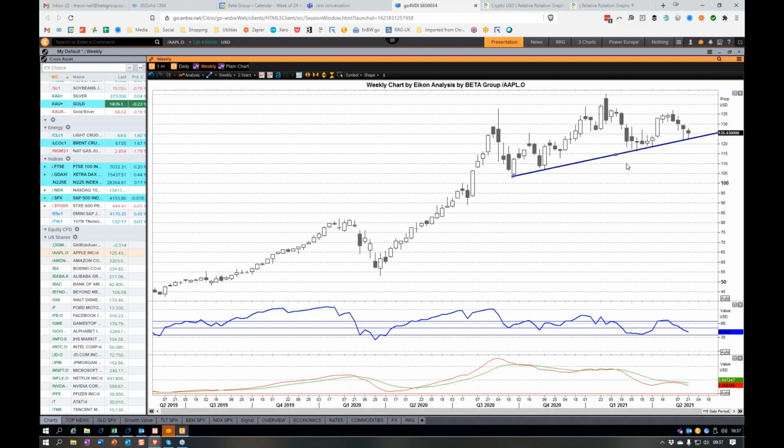This is potentially a horrible chart. High, higher high, lower high, neckline. Countdown from the neckline would be, okay, 85. So gird yourself for that if we take out this low, this uptrend line here.